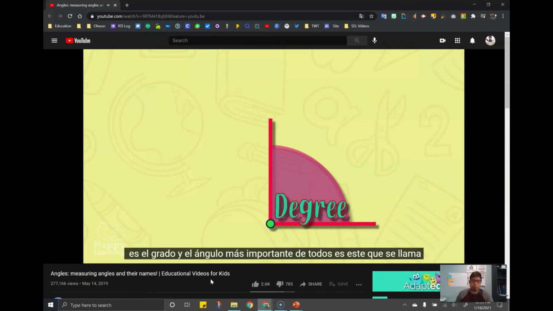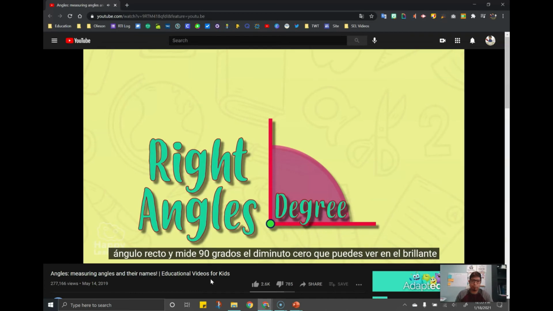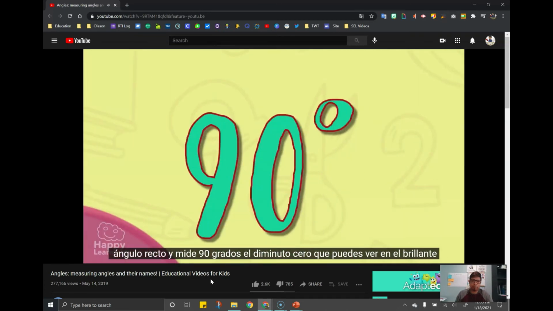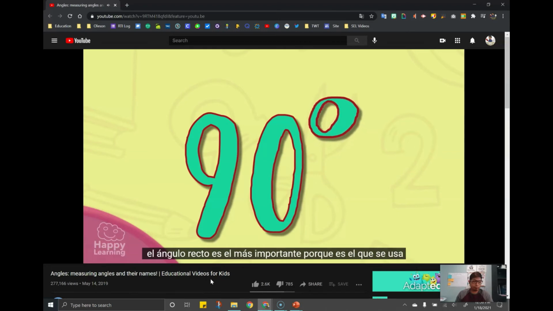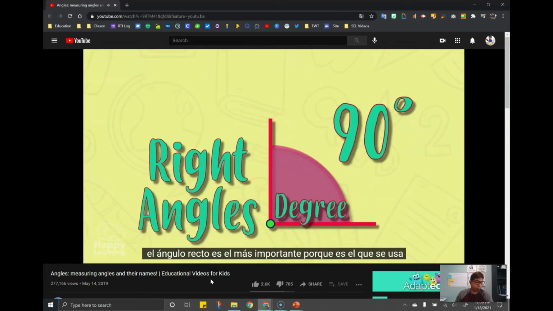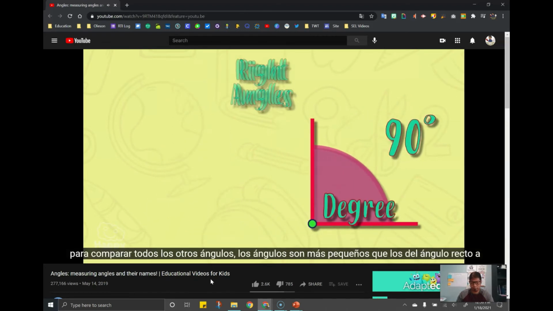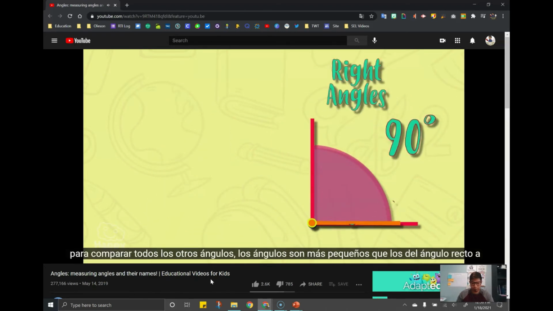And the most important angle of all is this one. It's called a right angle and it measures 90 degrees. The tiny 0 you can see in the upper right part of the number 90 is a symbol that represents degrees. We say that a right angle is the most important one because it is used to compare all of the other angles.